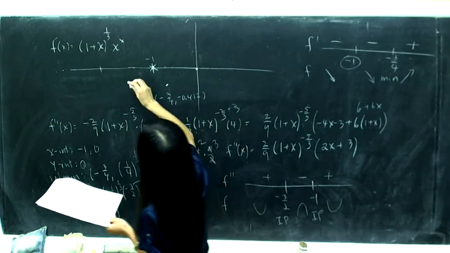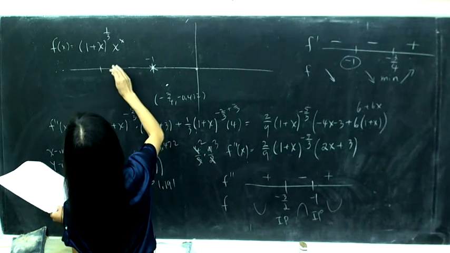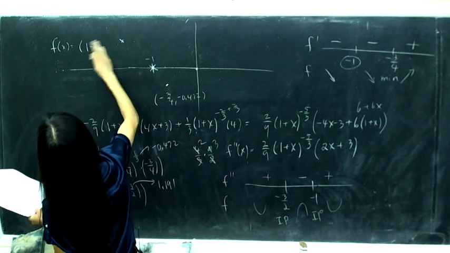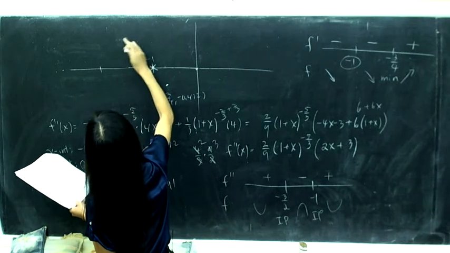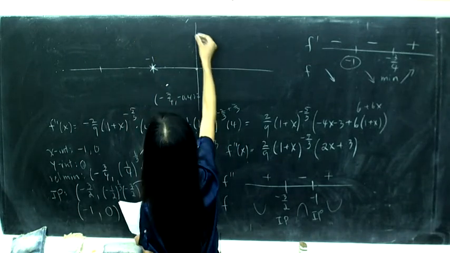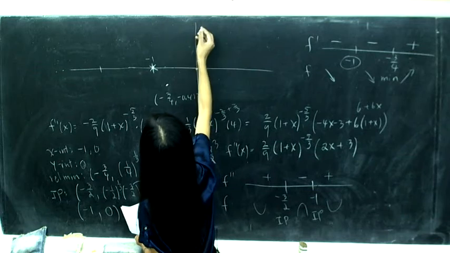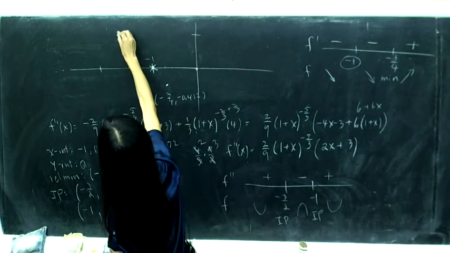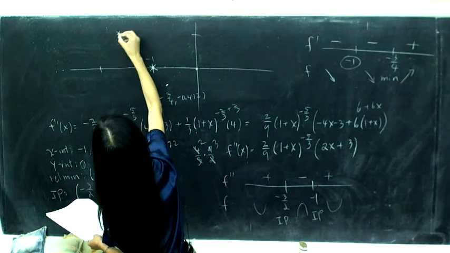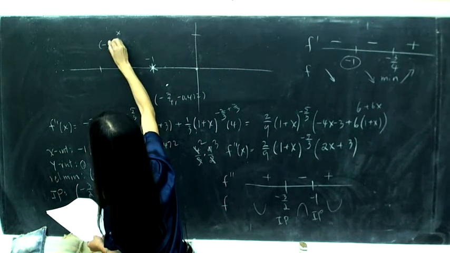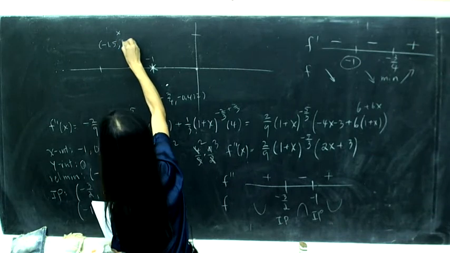And then that other location there is 1.1 something. Okay, I'm not going to be able to draw it to scale. Okay, so this is going to be somewhere over here, negative 1.5. So negative 1.5, positive 1.191.